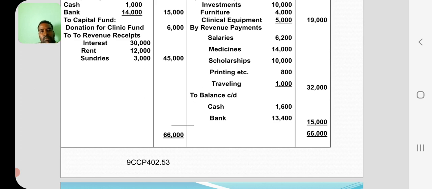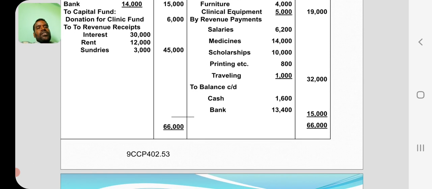The word capital is used in trading organizations. We use the word capital fund in non-trading organizations. Instead of profit, we use the word surplus in non-trading organizations. Instead of loss, we use the word deficit.